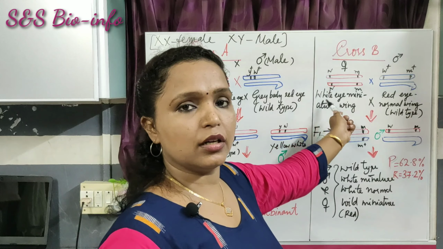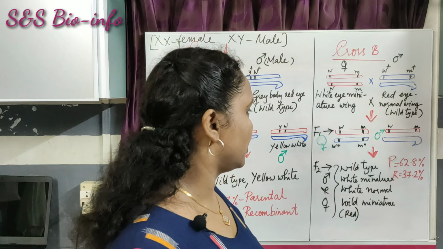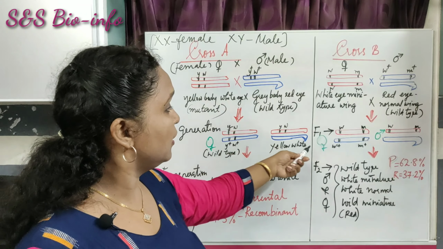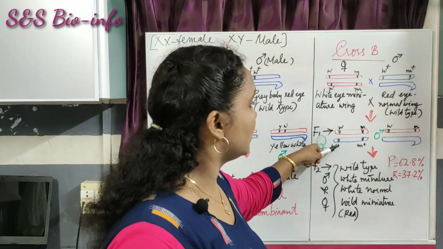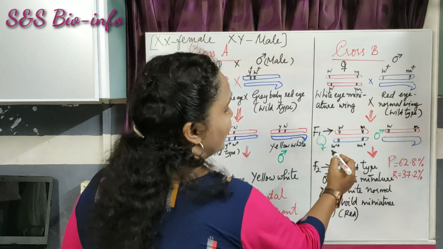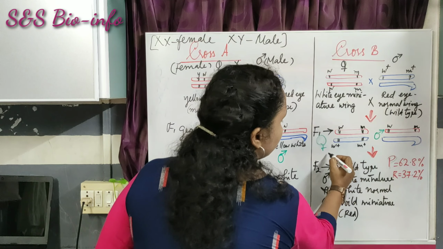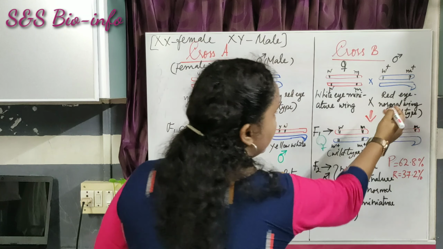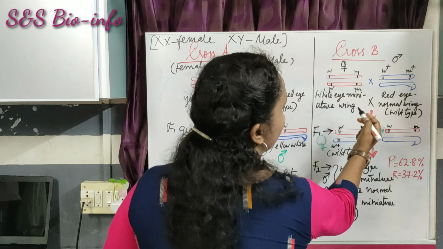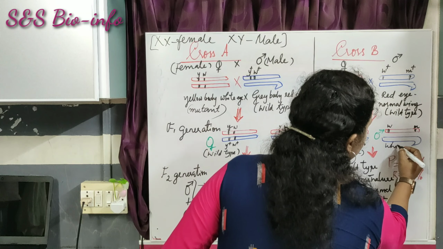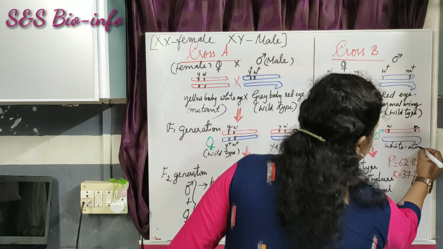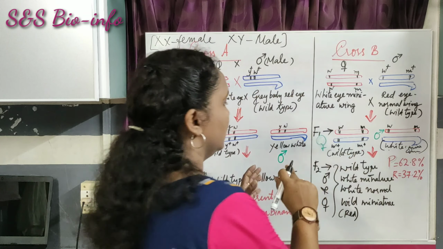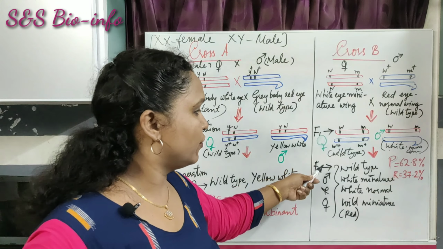After the crossing, in the F1 generation, same as in the previous cross, the female is wild type, since w plus and m plus dominate. The male has white eye and miniature wing. That was the result of the F1 generation.